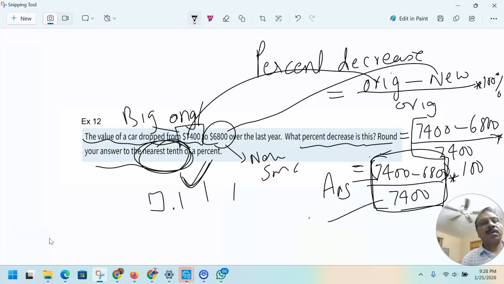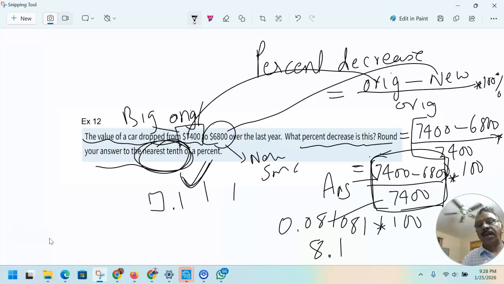This whole thing will be 0.081081, and when you multiply by 100, you get 8.1081. Remember you have to round it to one decimal place. Because this number is 0, we can round this as 8.1. Remember it is percentage. So that's the answer and we are done.